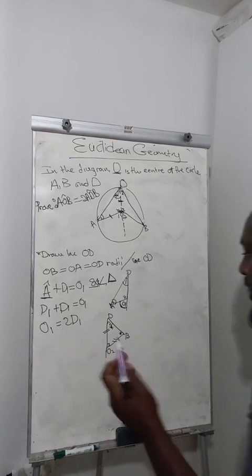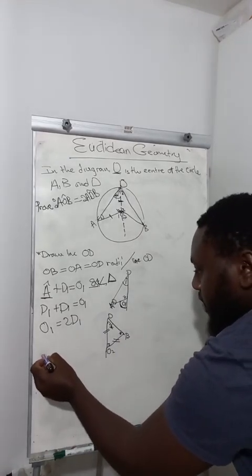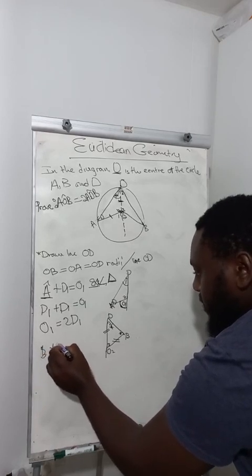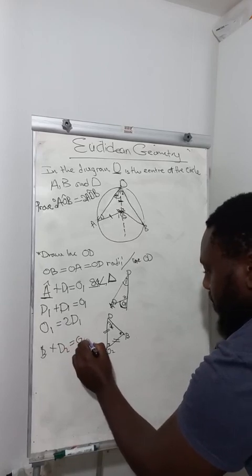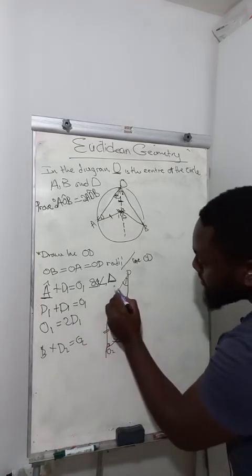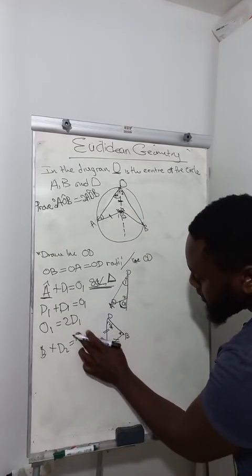So now you will have angle B plus D2 is equal to O2. Let me write this properly.